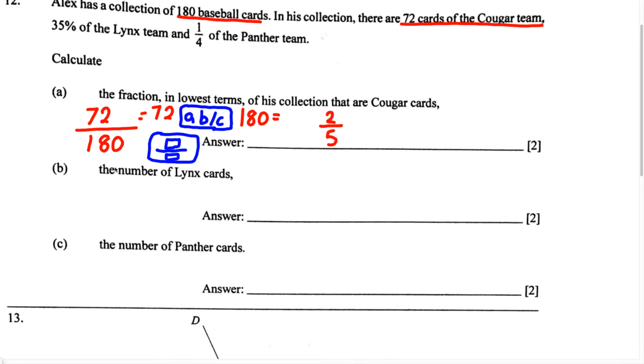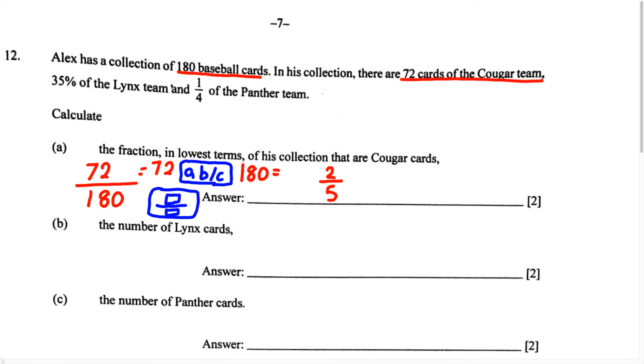Now part B says the number of the Lennox cards. All right, so let's read the question again. It says Alex has a collection of 180 baseball cards. In this collection, there are 72 cards of the Cougar team, 35% of the Lennox team. They want us to find the number of Lennox cards, and they tell us he has 35% of the Lennox team.